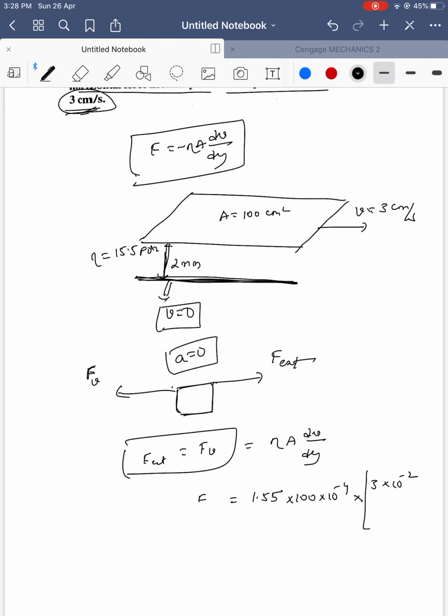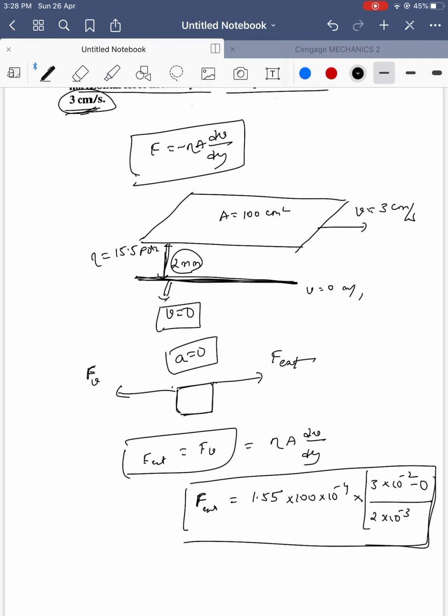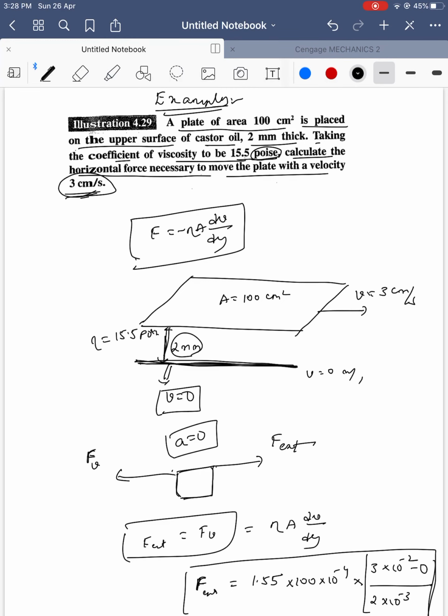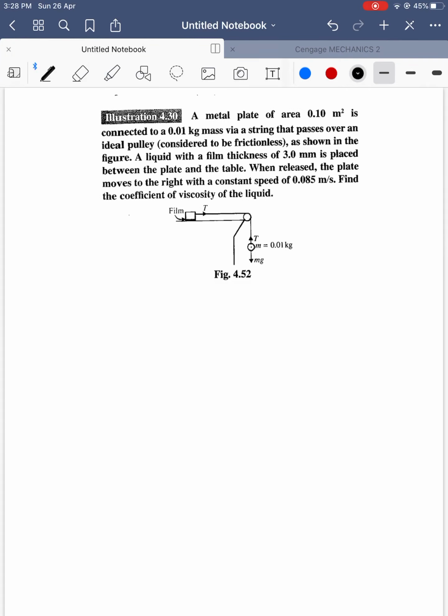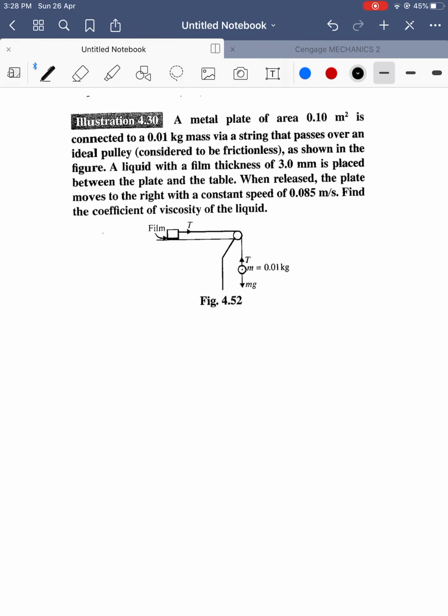Final upper velocity is 3 and the lower velocity is 0 meter per second. 3 minus 0 by, what is the distance? 2 millimeter, 2 into 10 power minus 3. So this is the external force required to move the plate. Next question. See this question carefully.